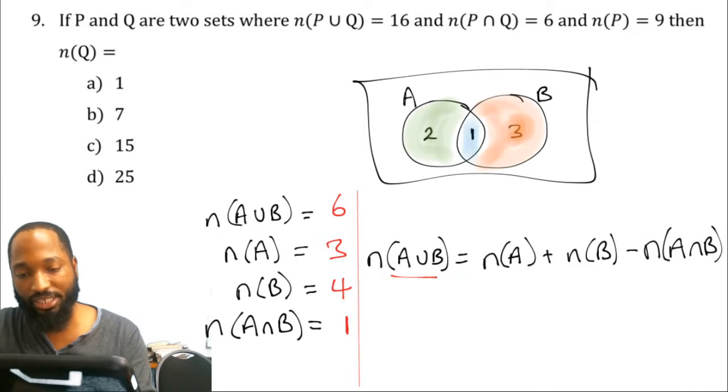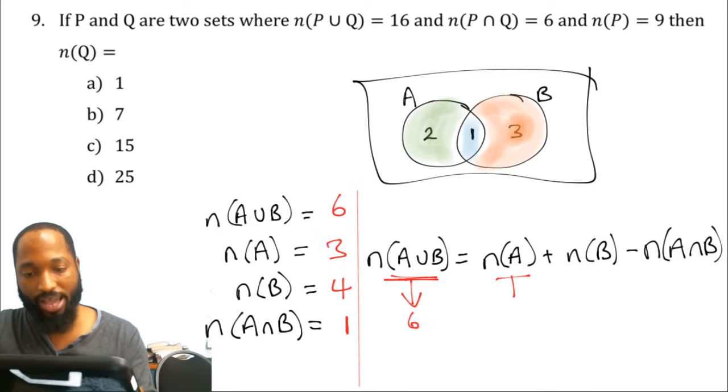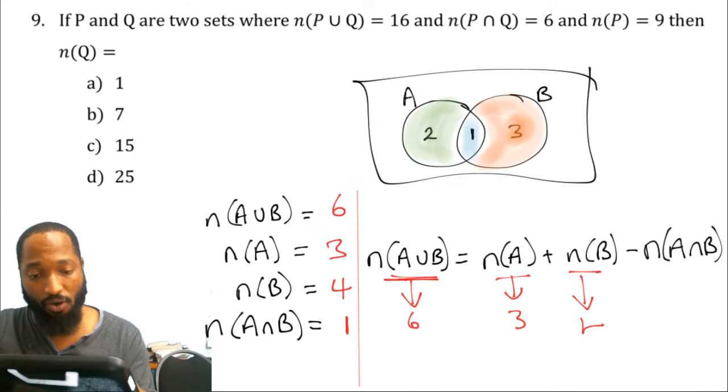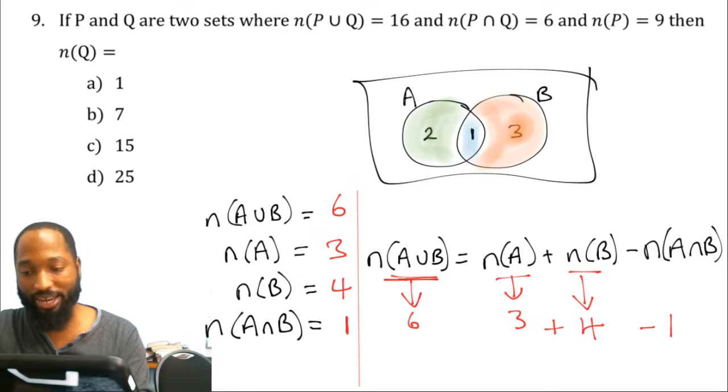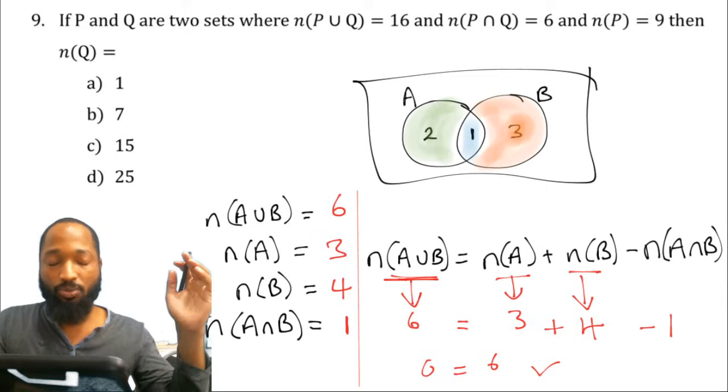In all we have 6. In A we have 3. In B we have 4. Add those up and take away 1 and you get back 6. So it works.